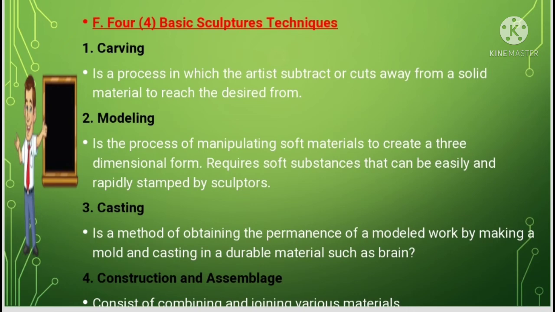It requires substances that can be easily and rapidly shaped by sculptors. Casting is a method of obtaining the permanence of a modeled work by making a mold and casting in a durable material such as brick. Construction and assemblage consists of combining and joining various materials. Ito yung mga techniques.